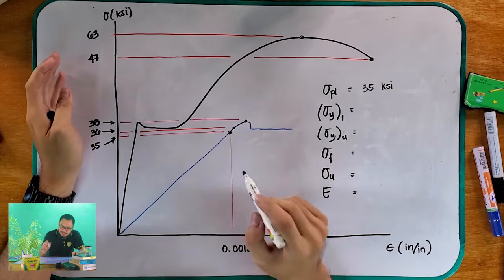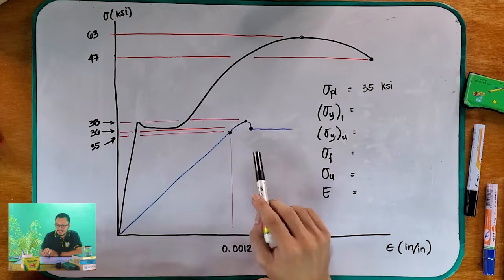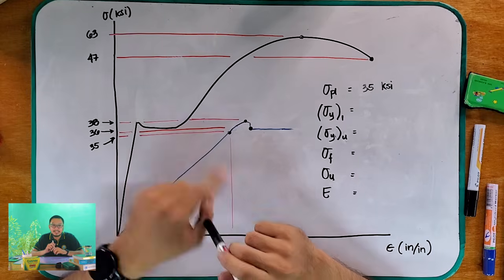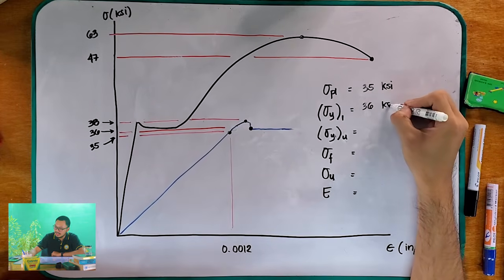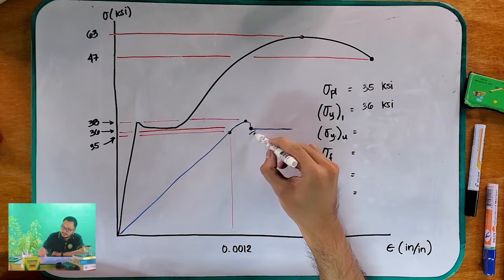Where is our yield stress? As you can remember, our yield stress is located where our strain starts to increase drastically. So it is 36 KSI, or basically, this point.